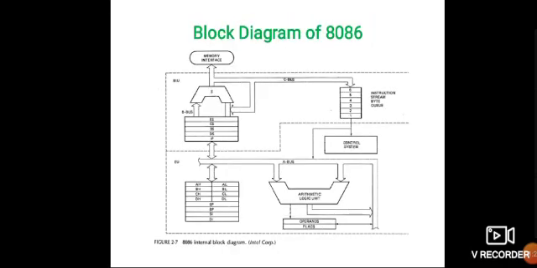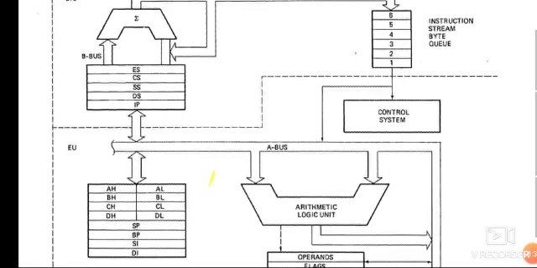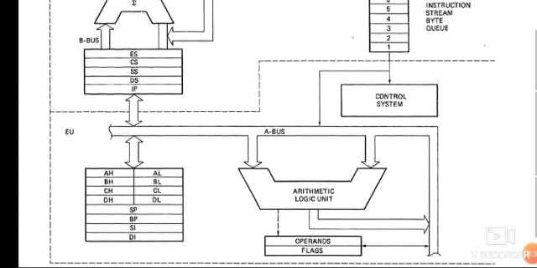We'll see the block diagram of 8086. You could see two important blocks. One is the bus interface unit, which is at the top, and the second one is the execution unit, which is at the bottom.